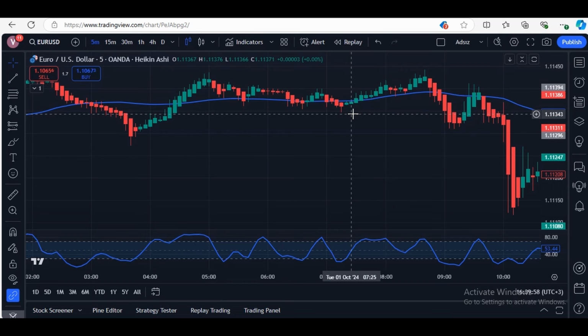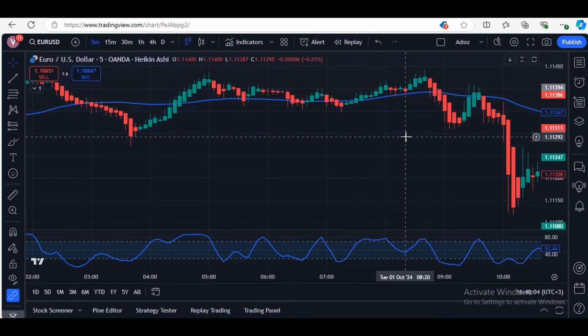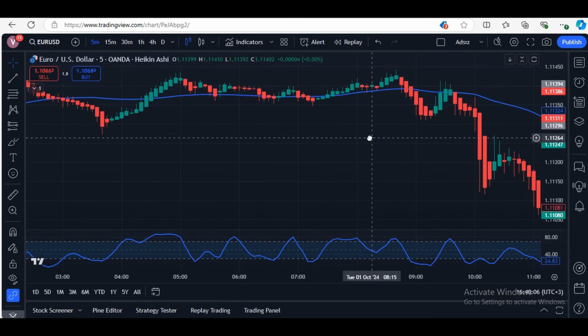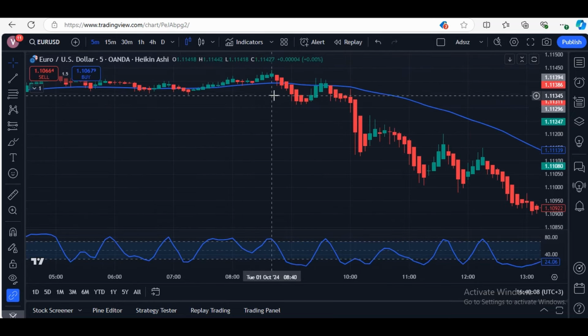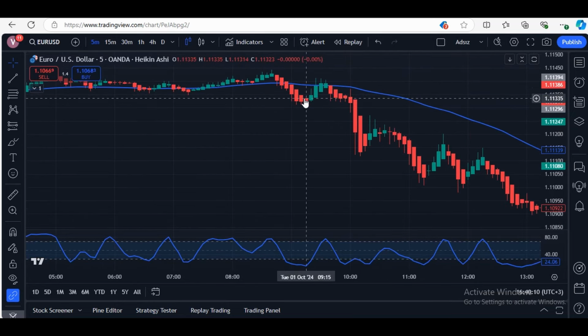The stochastic level is also above 70. 2 Heikin Ashi candles with sellers have appeared, and we should enter a position here. Let's enter. Let's put our stop 1 or 2 notches above the last top and see the result.